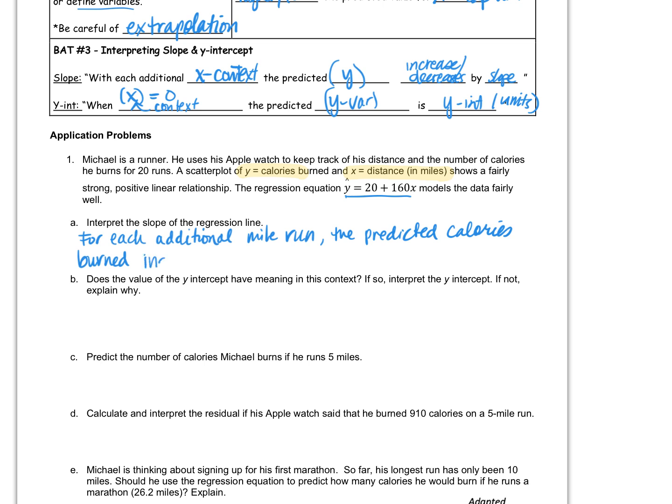Increase by how much? By 160 calories. Because my slope is 160, right? Is that okay?